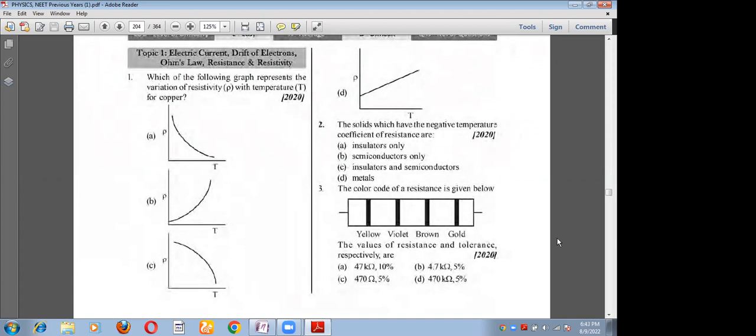What will be the correct option for question A? For metal, resistivity always increases with temperature.